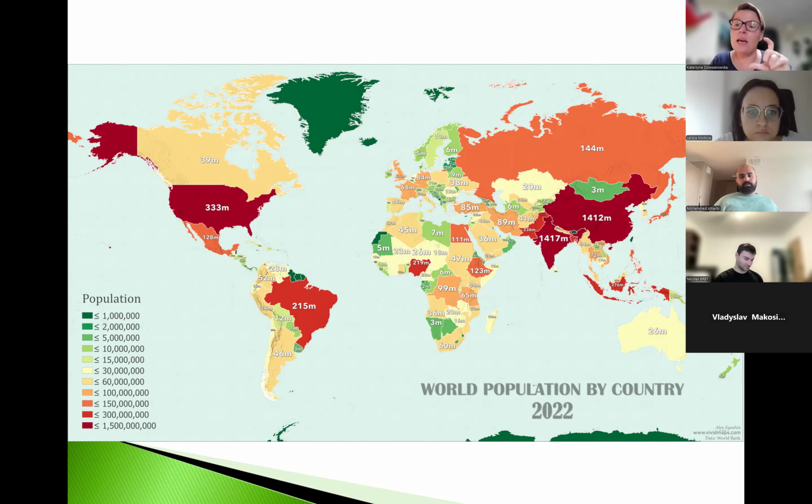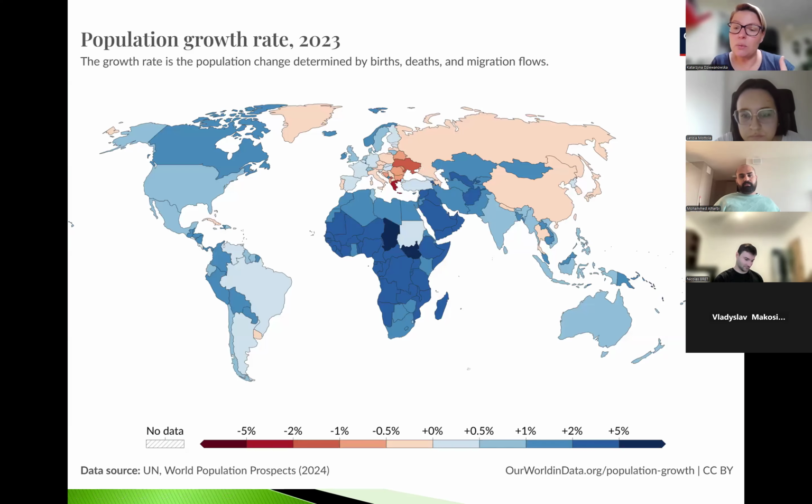But it is not only how big the market is. What is also important is how quickly it is growing, right? This growth rate really makes a difference. And as you can see, Europe and parts of East Asia, including China, are fairly stagnant.